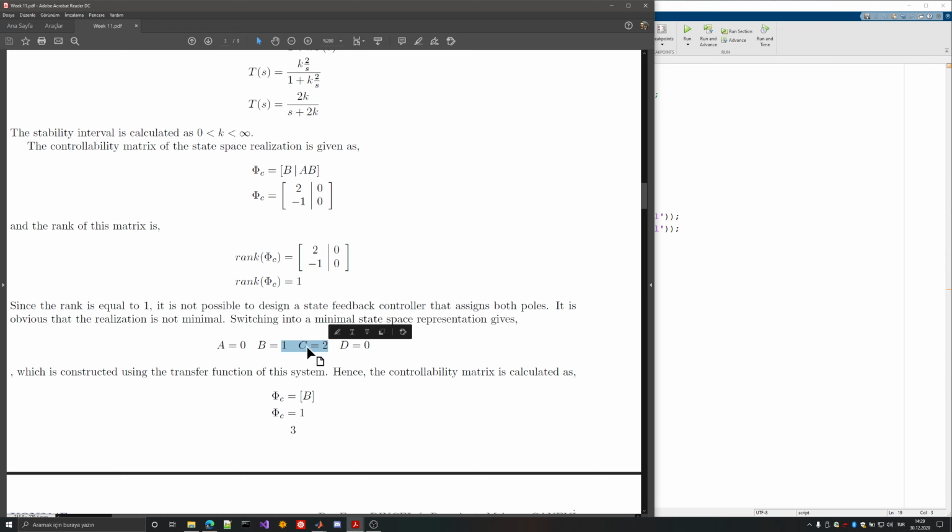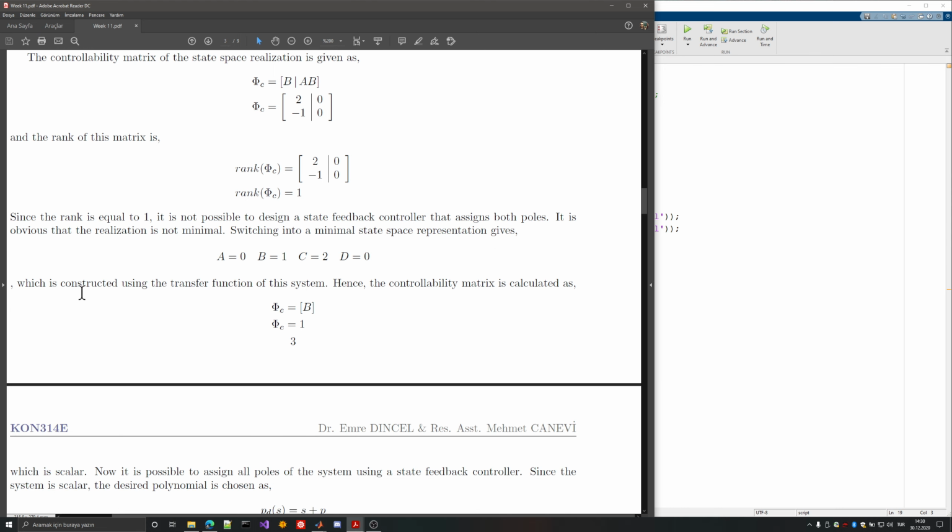You will always get the same system, because A has a certain value, but after all, this decides what the numerator will look like. And the only necessity here is that B times C should be fixed at the same value, so you can generate as many state space models as you want.